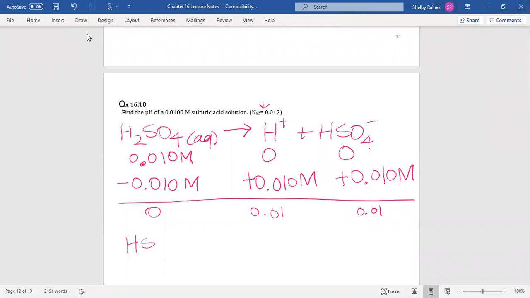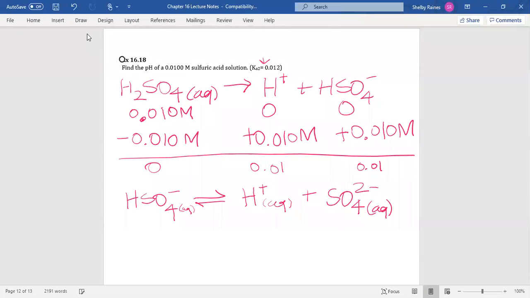Right, so my second ice table would look like this. I'm losing the other hydrogen. Okay, well, my initial concentration of HSO4 minus is 0.01 from this step. My hydrogen concentration is also 0.01. And this is 0.